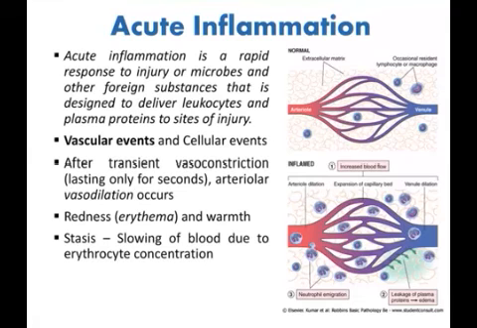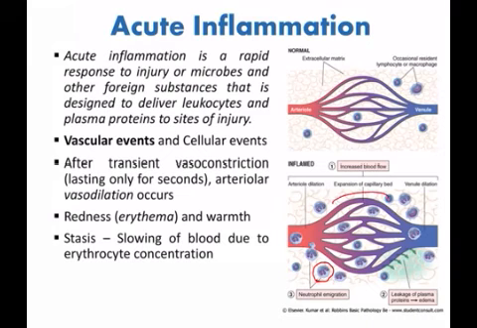Acute inflammation is a rapid response to injury or microbes and other foreign substances that is designed to deliver leukocytes and plasma proteins to sites of injury. You can observe that after an acute inflammation, there will be migration of neutrophils and there will be increased blood flow to the area which is infected or inflicted with a wound due to acute inflammation.